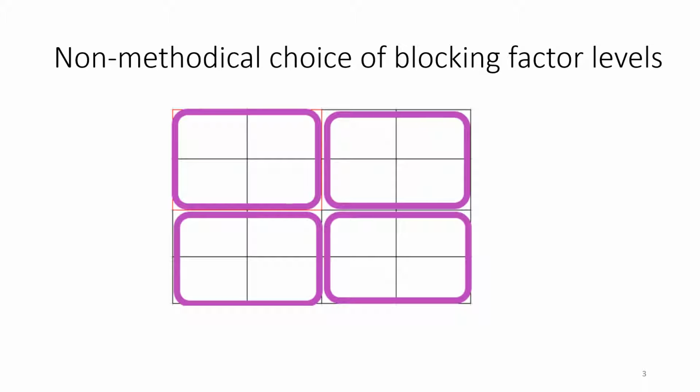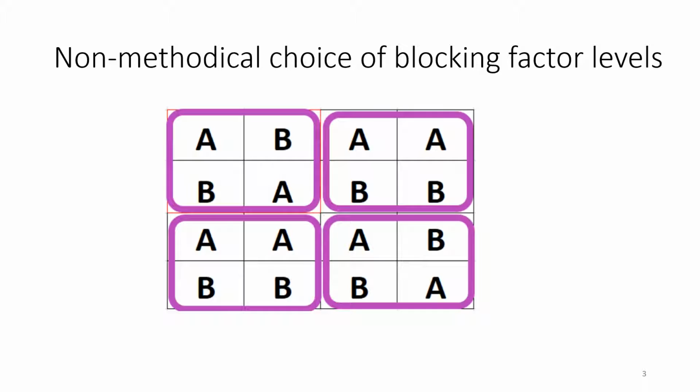Within each block, the fertilizer is applied at random to the 4 plots. In the end, we have the fixed treatment factor with 2 levels and a blocking factor with 4 levels.